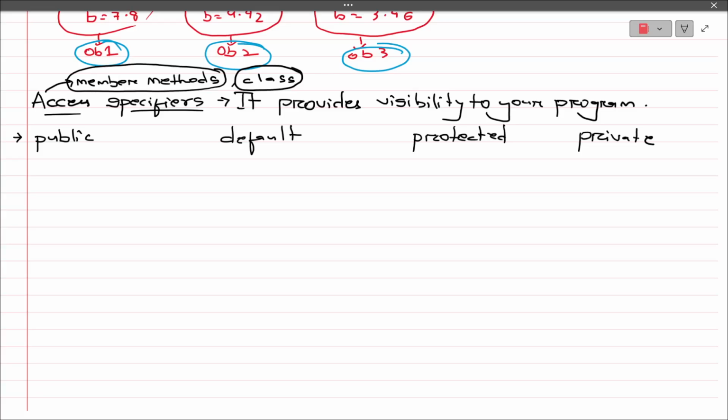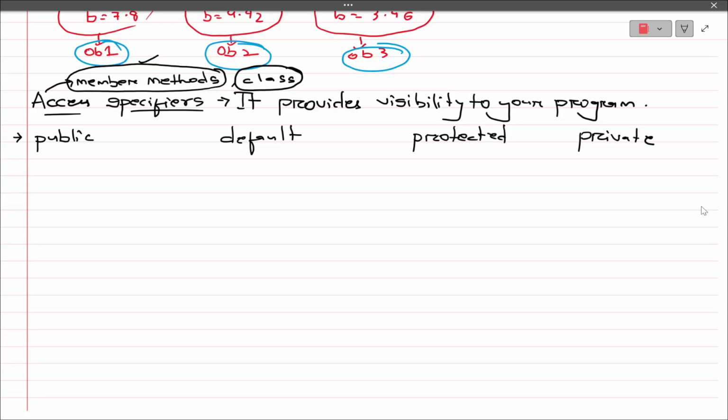We will not put much effort into the class, but we will focus much on our member methods. Most of the time you will observe public access specifiers given to member methods, like public static void main, public void accept, and so on.